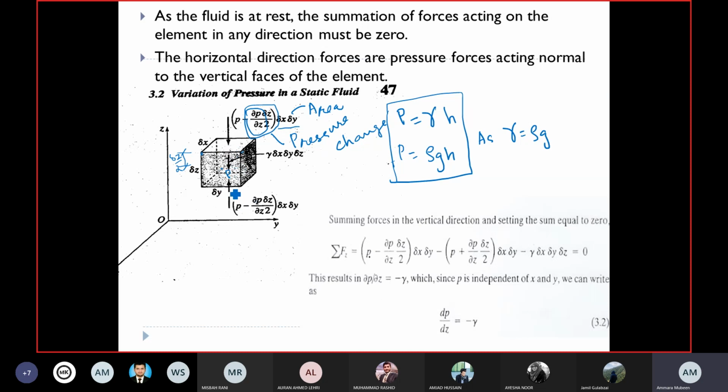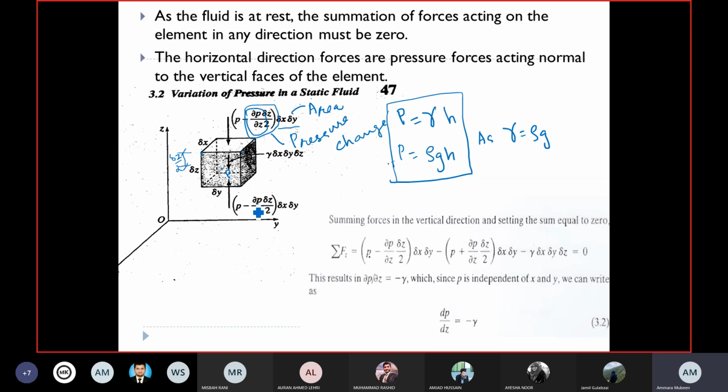Again, similarly, you can obtain the pressure on the bottom surface, because according to our sign convention on the positive z-axis, we assume that pressure decreases with decrease in distance along the z-axis. So P is the pressure here, and when you have to calculate the pressure at the bottom, you have to do it like this.